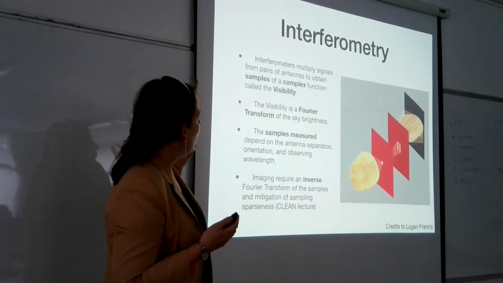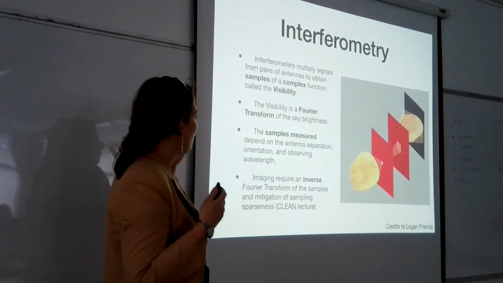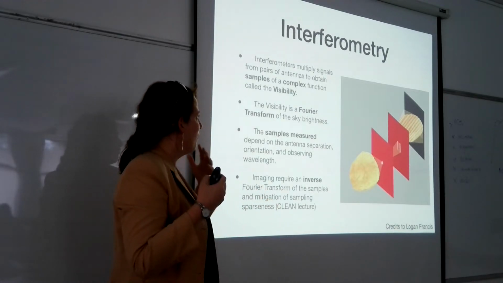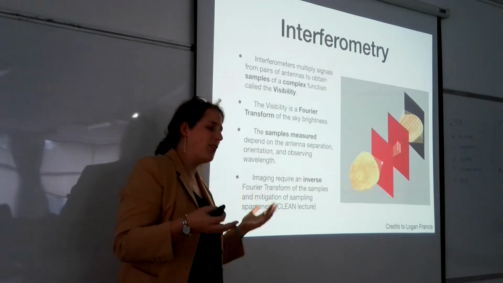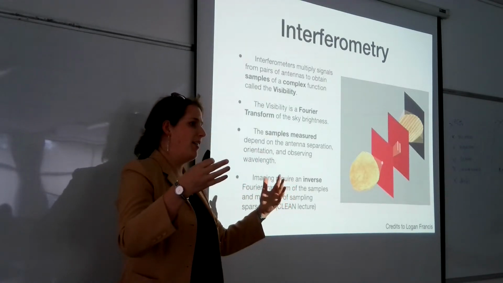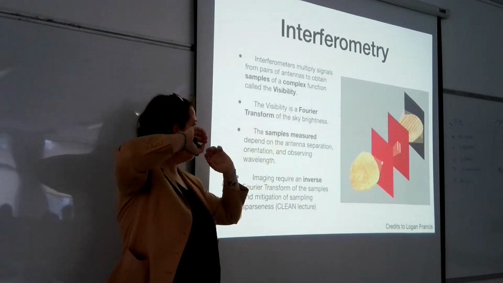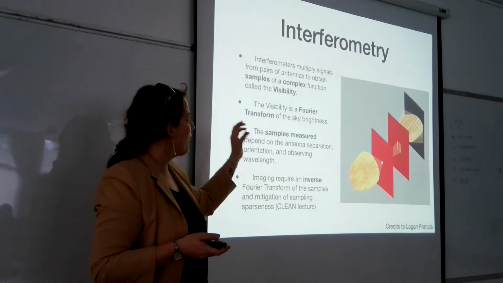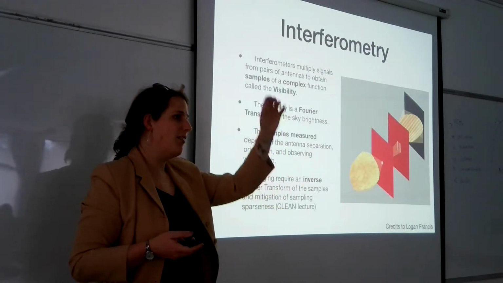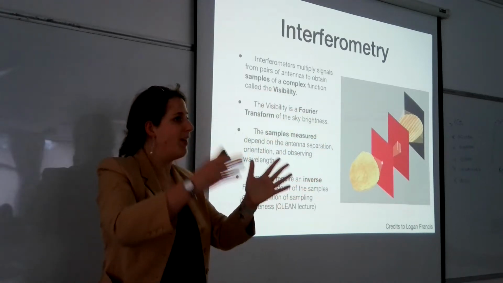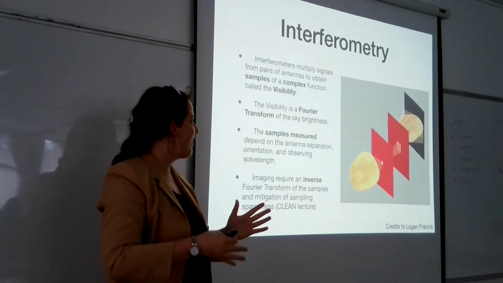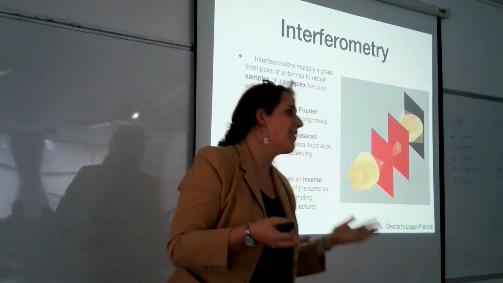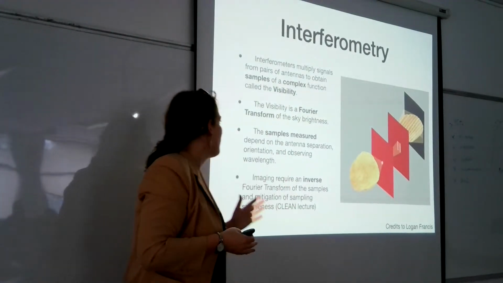So what we measure with an interferometer is the Fourier transform of the sky brightness. If you have an object on the sky and Fourier transform that, we measure visibilities. The interferometer measures the signal in discrete samples, at fixed baselines, and you try to complete that sampling as much as possible by having many different baselines.